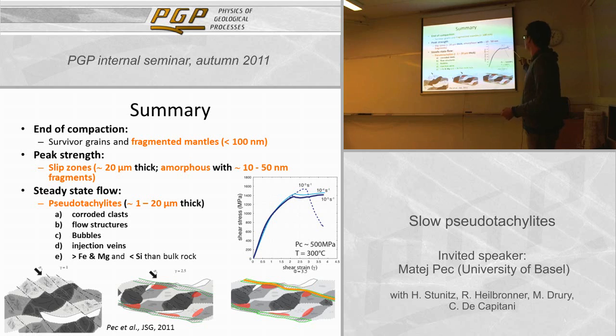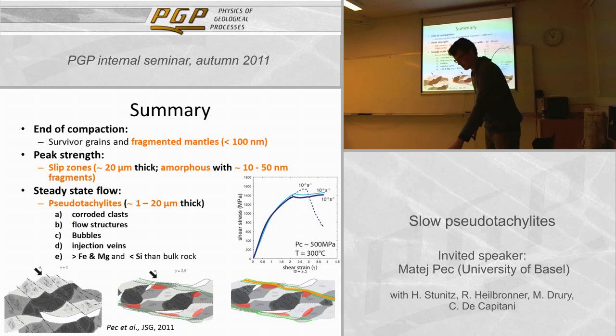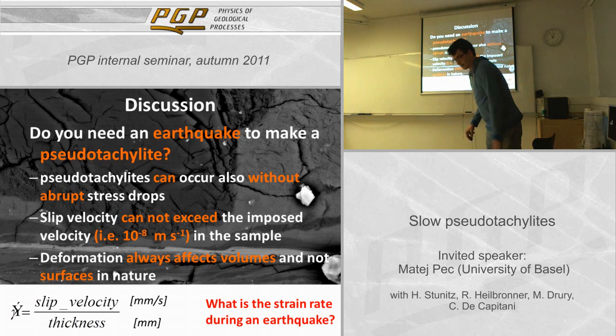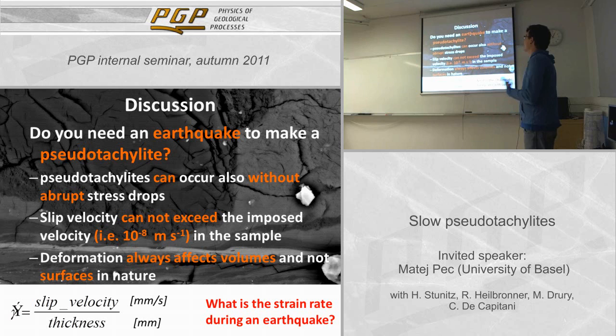And during the steady state flow with no abrupt stress drop at 8 orders of magnitude slower than seismic slip rates, we observe pseudotachylites that have corroded clast flow structures, bubbles, injection veins, more iron and manganese rich, and less silicic composition than the bulk rock, which are all arguments that are used to confirm the presence of a pseudotachylite.